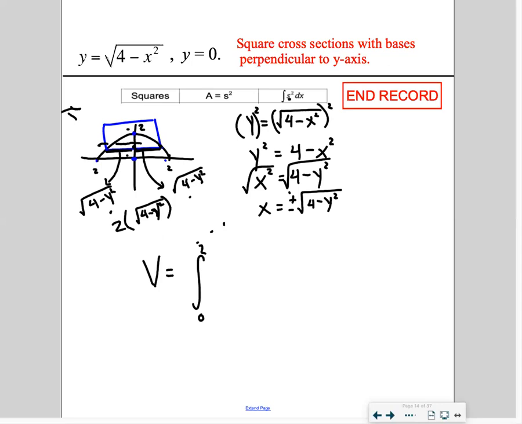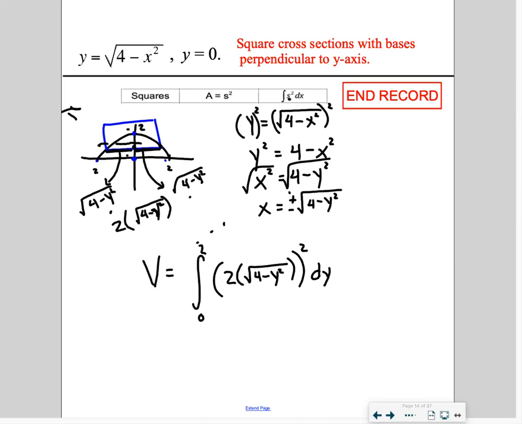Okay. So then I'm just plugging into this formula now. It's going to be 2 square root of 4 minus y squared, squared, right? It's s squared, so I need to square the whole thing. And this would be dy, because we have a depth to each of those shapes.